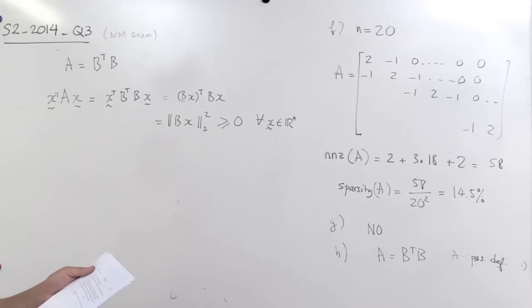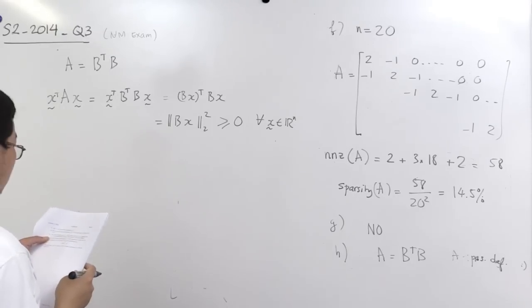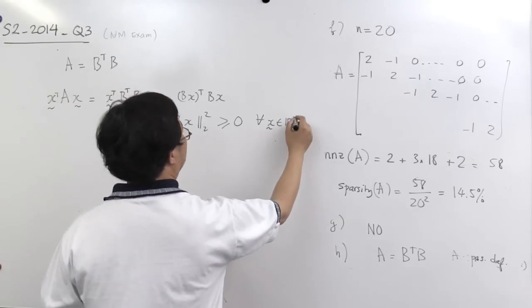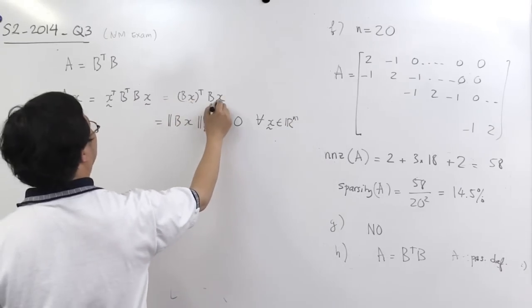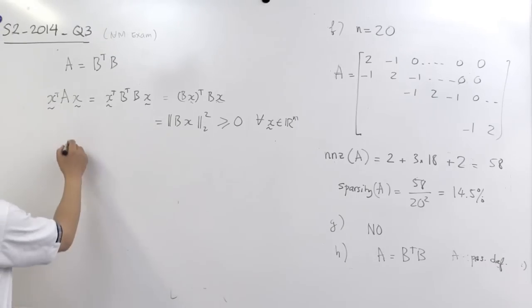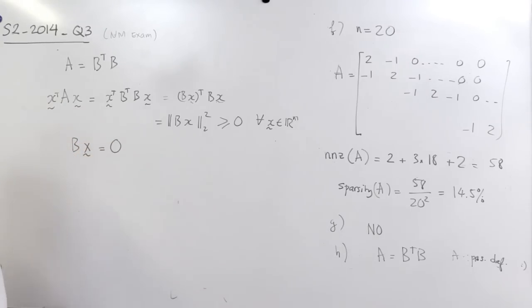And then the next step is you need to show that when Bx equals 0, the vector x has to be equal to 0.